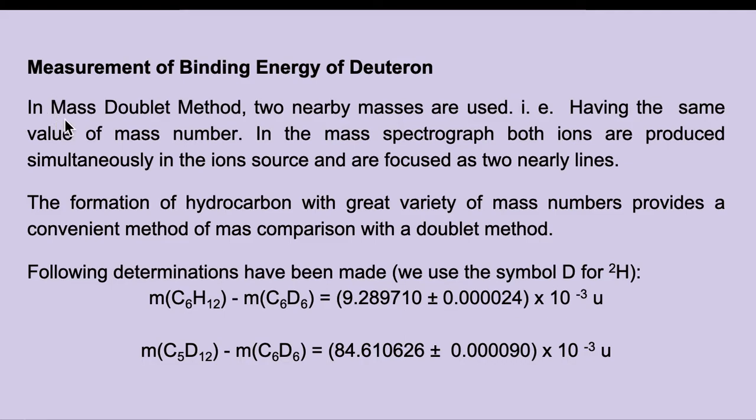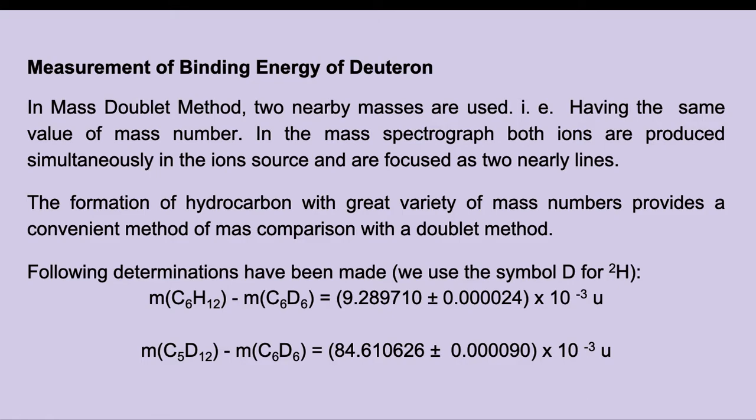First one is the mass doublet method. Here you will use two nearly equal masses, and mass doublet method means using mass spectrographs. You might have studied the Aston mass spectrograph, etc., in your chemistry classes. So, the way in which a mass spectrograph works is not at all important at this point.